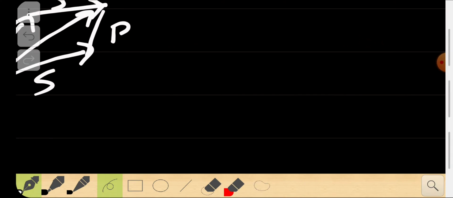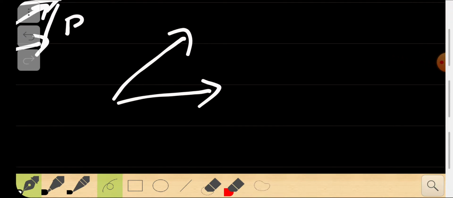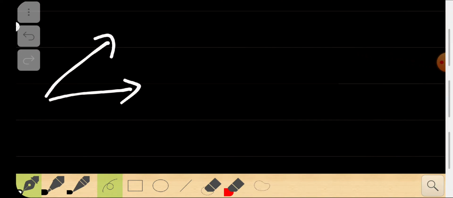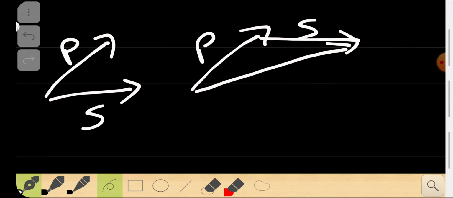And there is another way. If you have two vectors like this, you can put one vector on the end of the other, and draw the third side of the triangle, and say that's the resultant of the vectors.